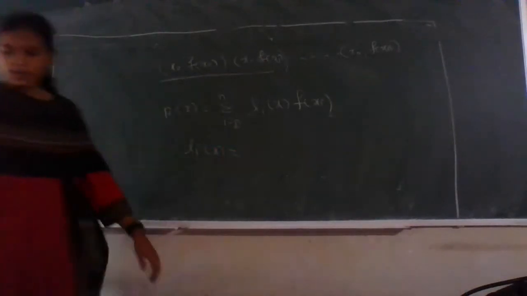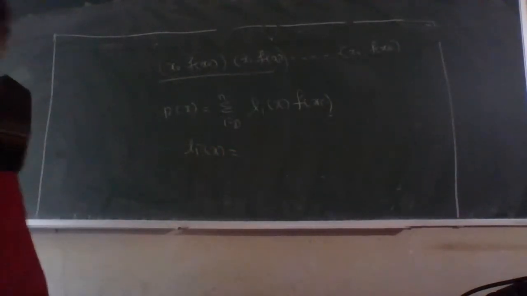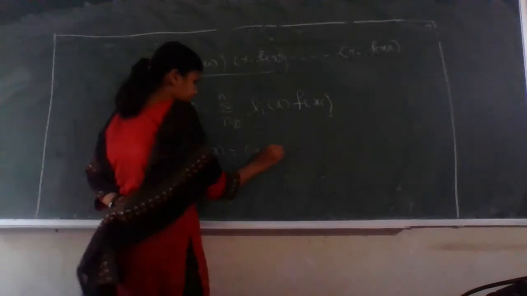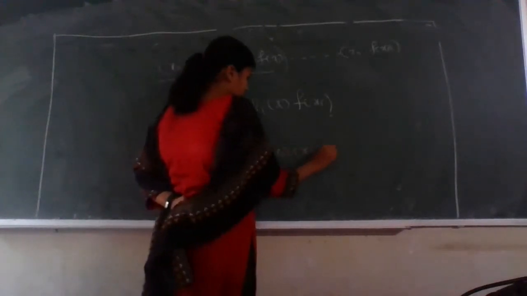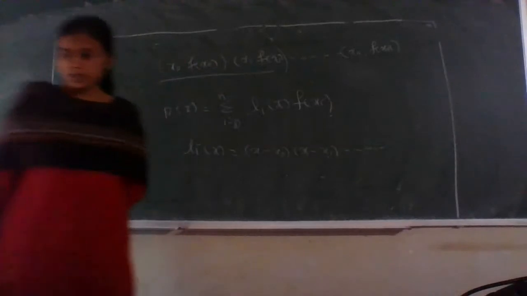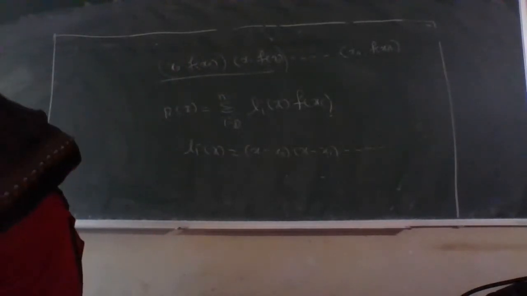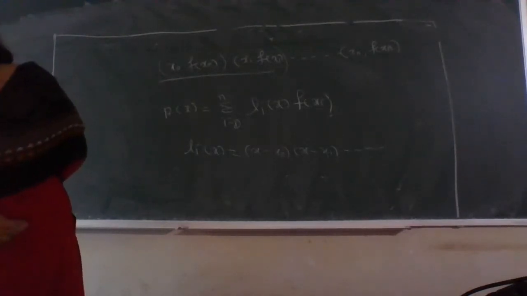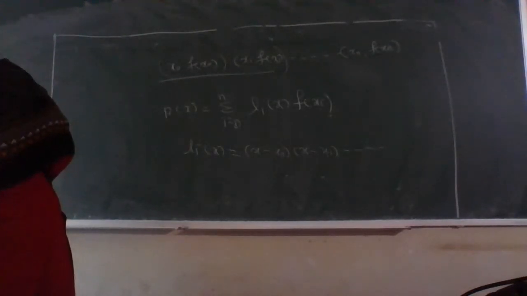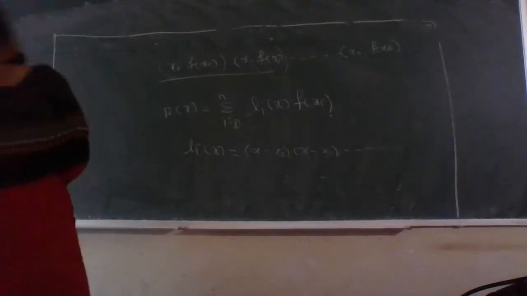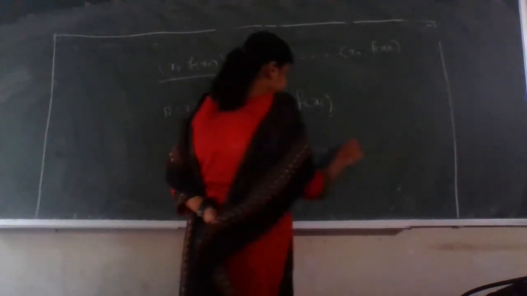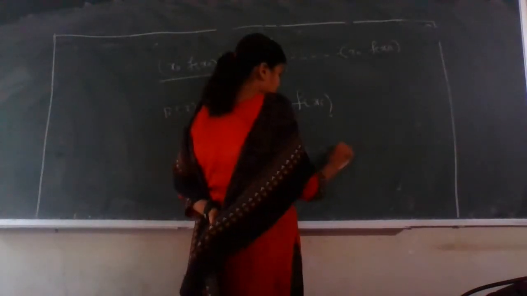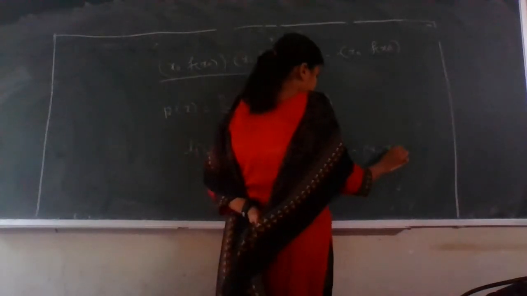That is, we have to write down Li of x is x minus x naught, x minus x1, and so on. What is the last term? X minus some xi plus 1. Then what we have here, x minus xi minus 1.